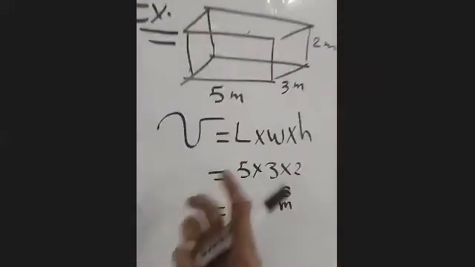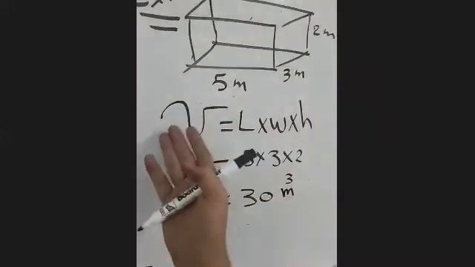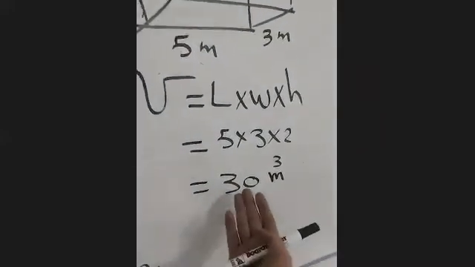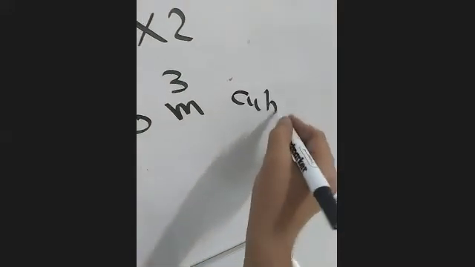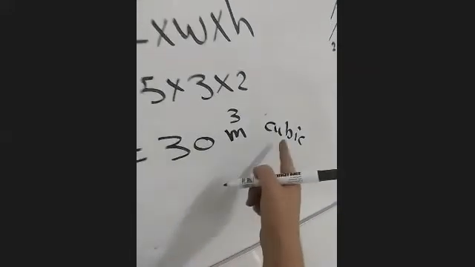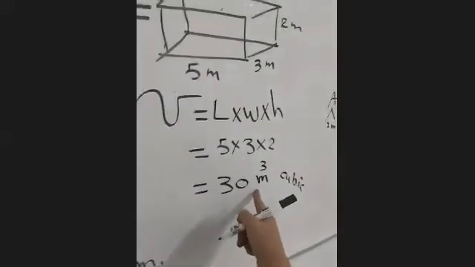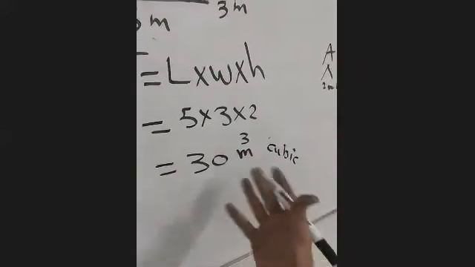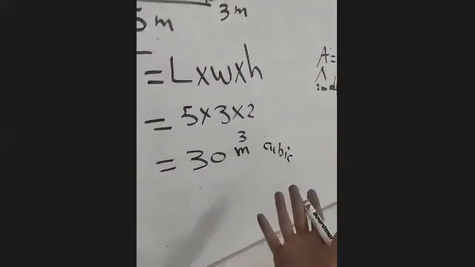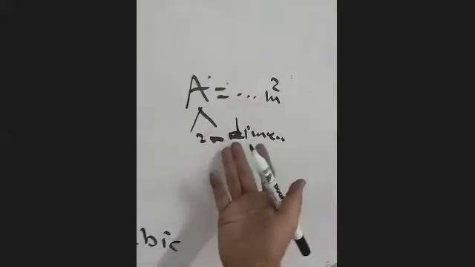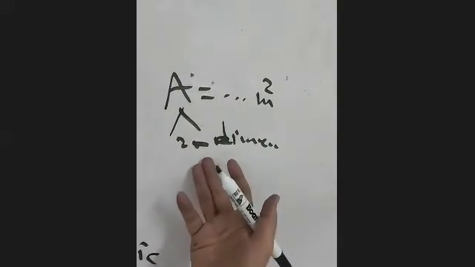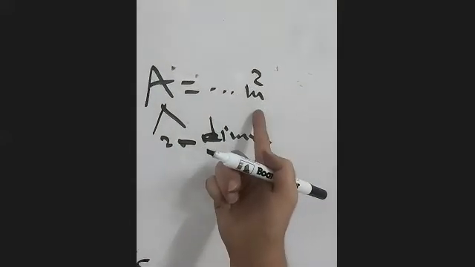So how do we read it? The volume equals 30 cubic meter. Cubic meter. In Arabic, مكعب. 30 meter مكعب. Okay? But in the area, we say squared meter.